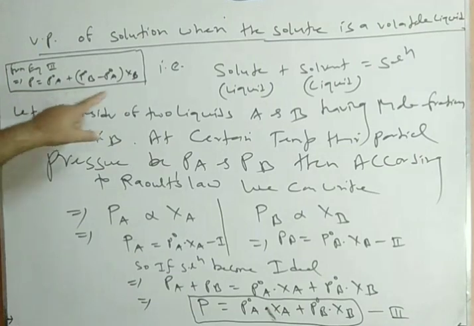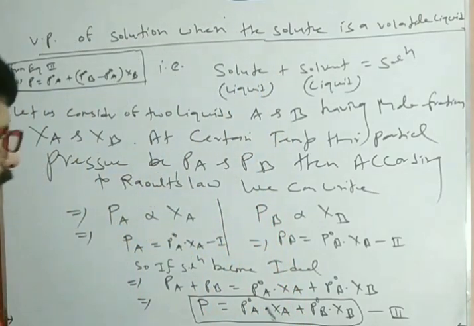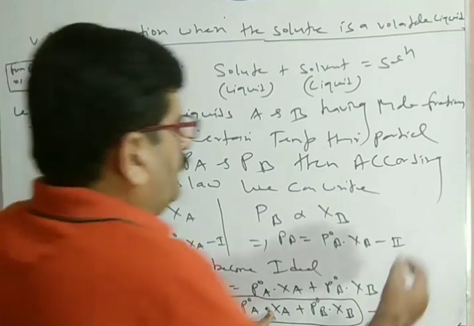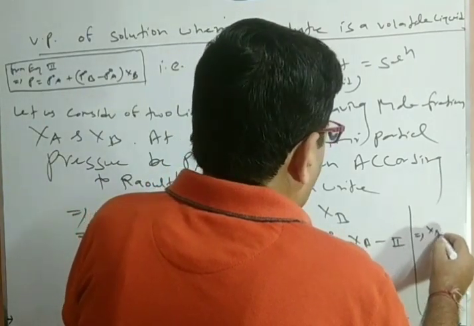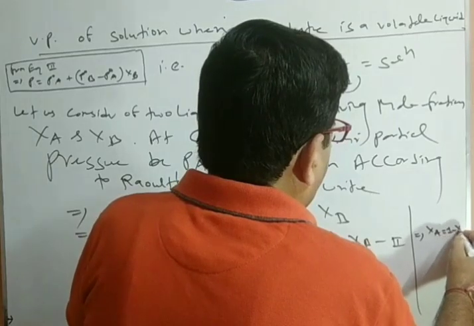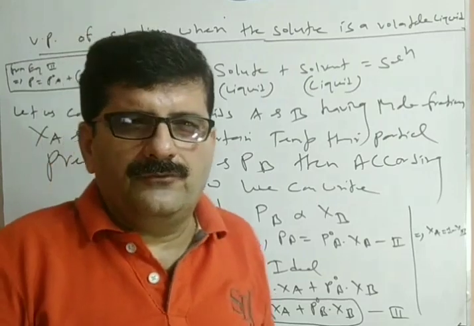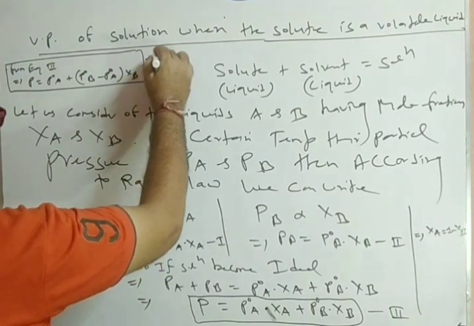Y is equal to mx plus c. This is an equation for what? A straight line. For XA, we can write what? 1 minus XB, because we know that the sum of mole fractions of solute and solvent is equal to what? Unity. This is supposed to be our equation number 4.